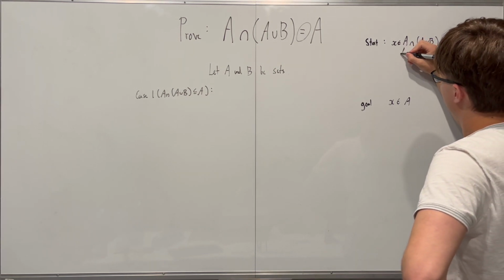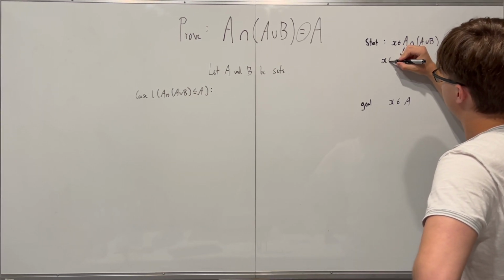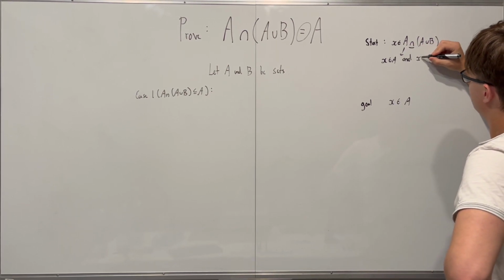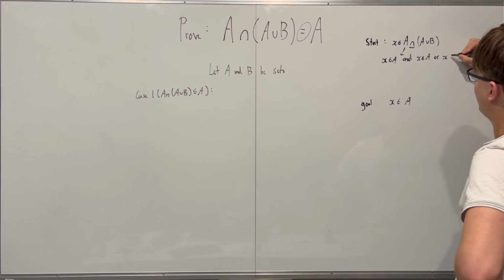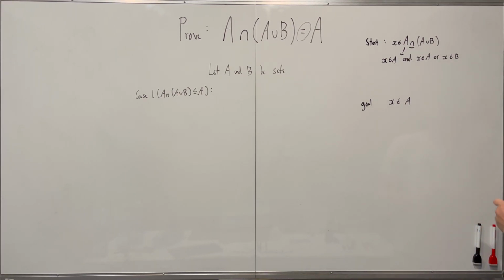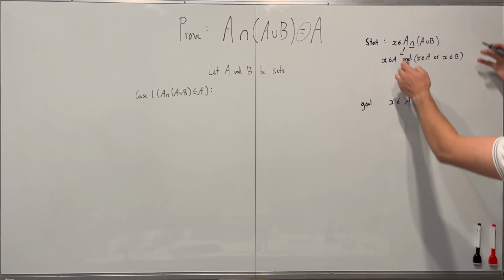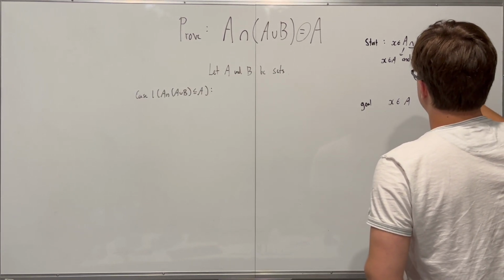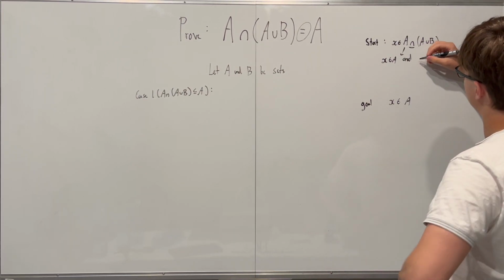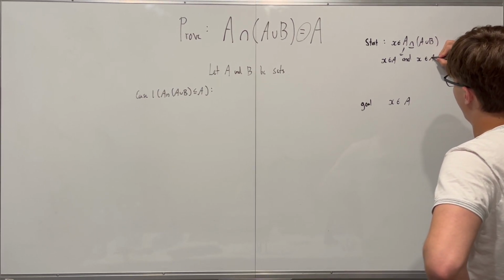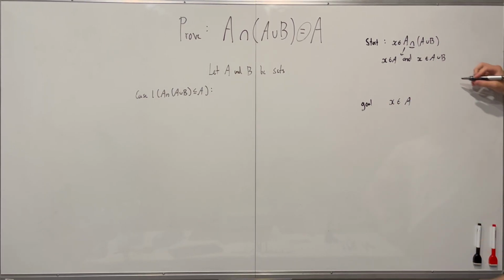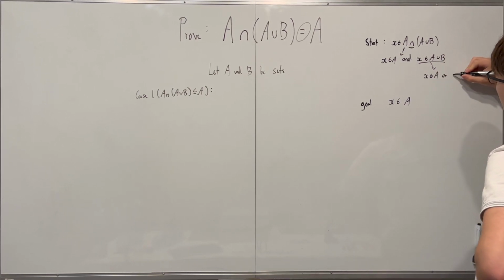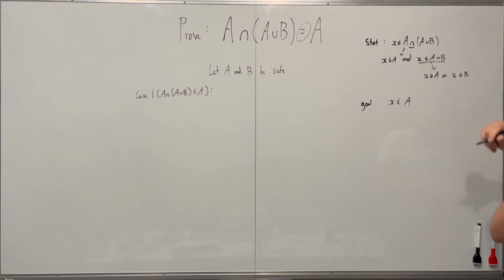This means that x is an element of A, and x is an element of A union B. Then we can break apart what it means for x to be an element of A union B. This means x is an element of A or x is an element of B. Fantastic.